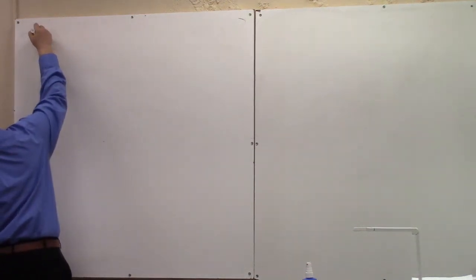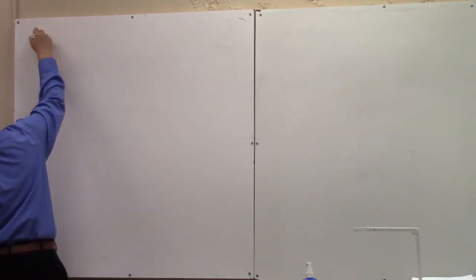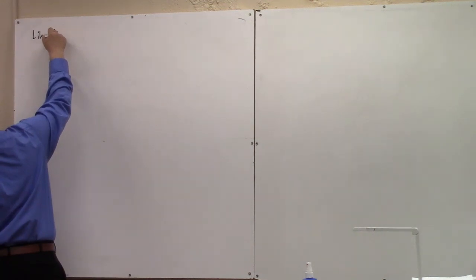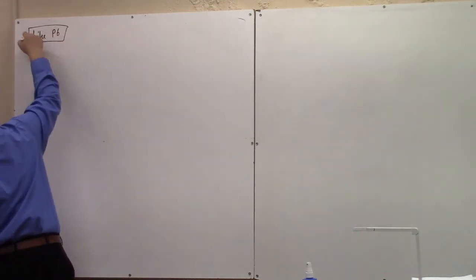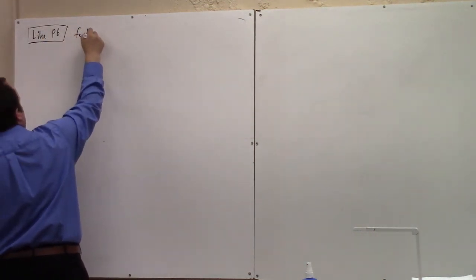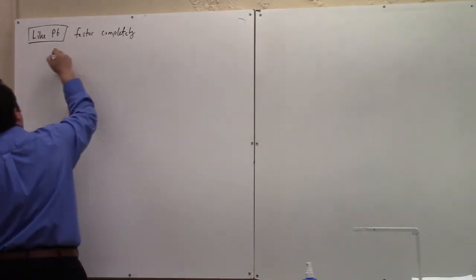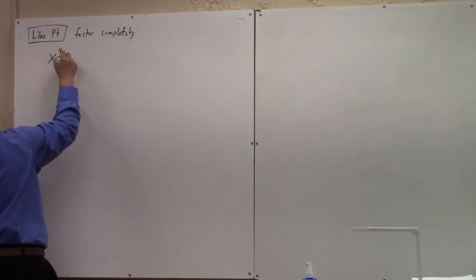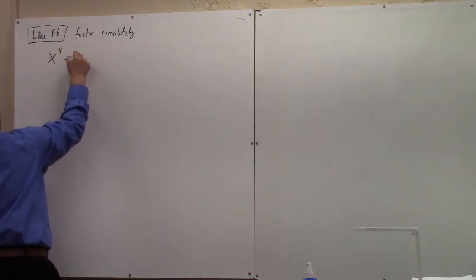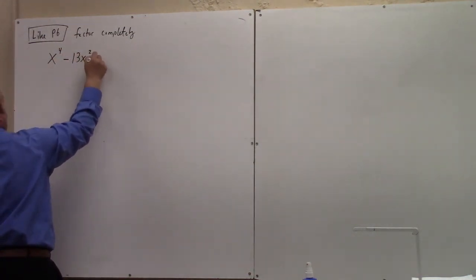So here is like problem 6. Factor completely: x to the 4th minus 13x squared plus 12.